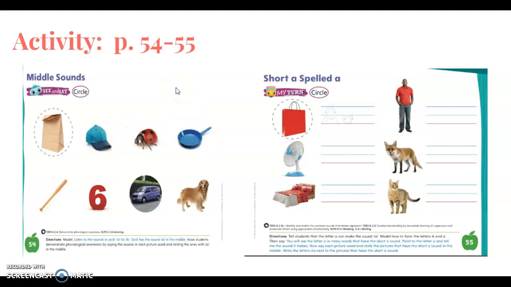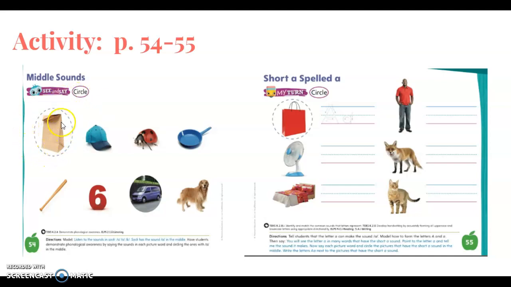You're going to listen for the middle sound in the pictures, the sound you hear in the middle of the word. If you hear a short A that sounds like this, ah, you're going to circle the picture. If you do not hear the sound in the middle, ah, you're not going to circle the picture.